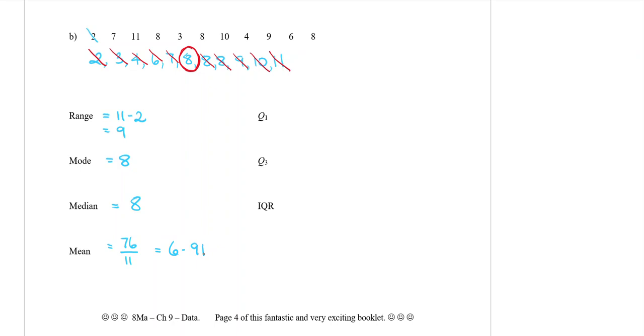Okay, time for our quartiles. So because my median was the 8, it doesn't count. And there's 1, 2, 3, 4, 5 numbers below, and there are also 5 numbers above. So for my lower quartile, I want the middle of the 5. What's the middle of the 5?